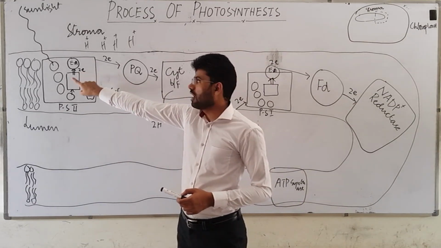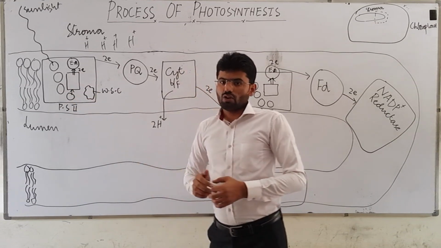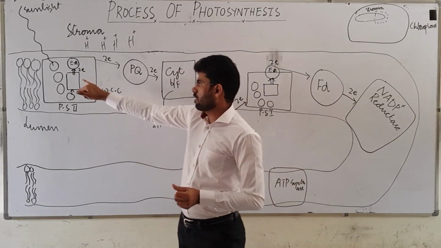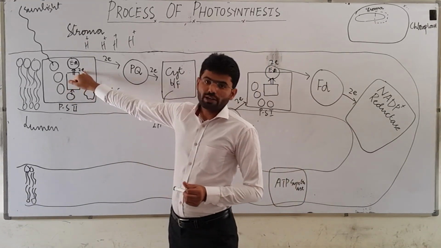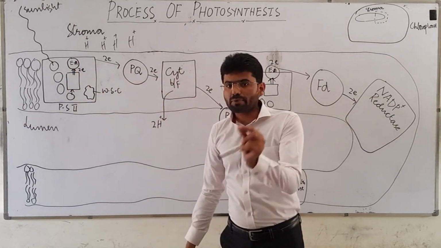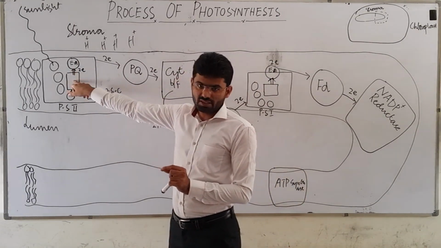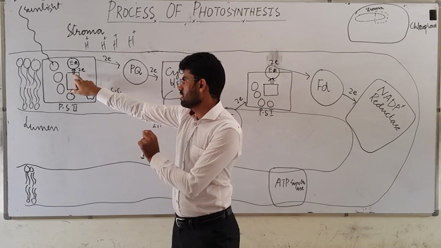These two electrons are lost by the reaction center of the photosystem called chlorophyll A. These two electrons are accepted by an electron acceptor molecule, which is found near this reaction center.